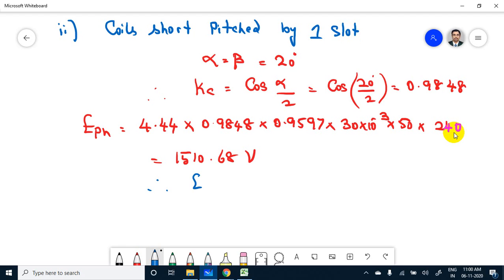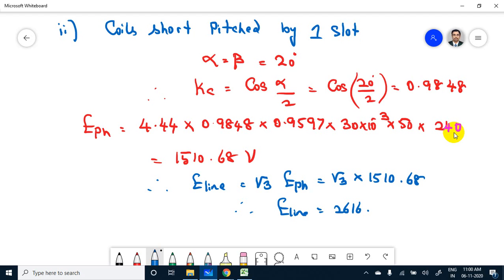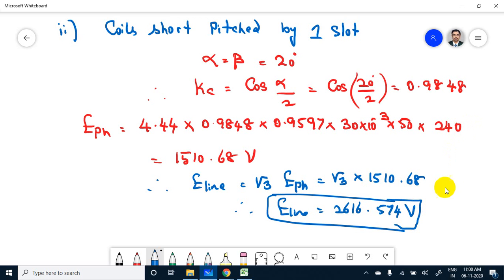Therefore, since it is star connected alternator, E line is equal to root 3 into E phase. So root 3 into 1510.68, therefore E line is equal to 2616.574 volt. Okay, this is the second subdivision.